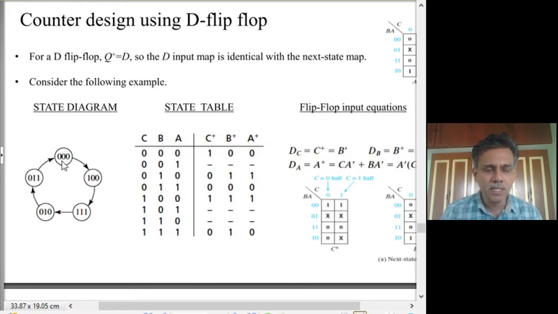For example, if you treat it as the count, from 0 you go to 4, from 4 you go to 7, from 7 you go to 2, from 2 you go to 3, from 3 you go to 0. So there are certain counts which are not there, and you don't visit the counts or states in any fixed manner. It's arbitrary.